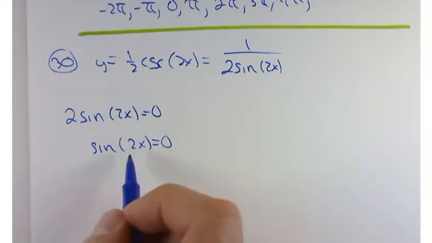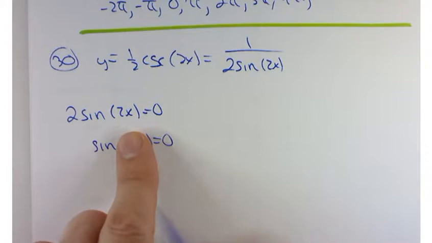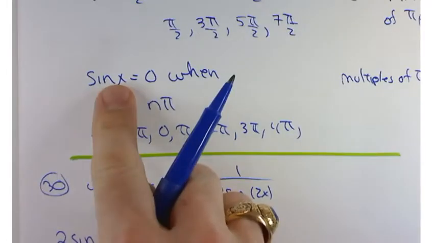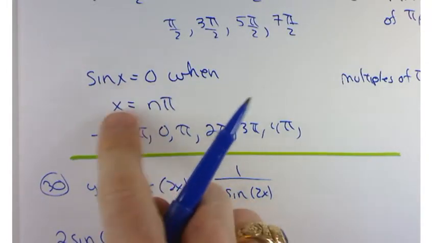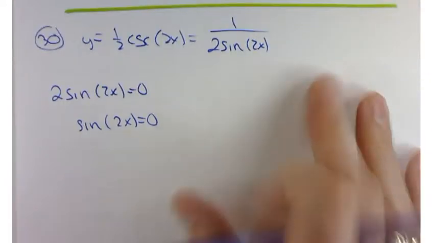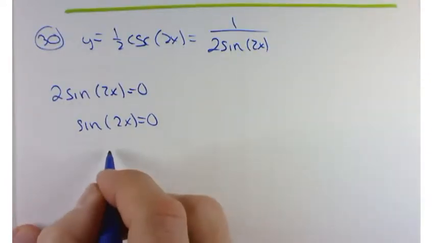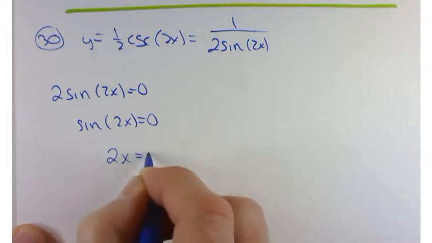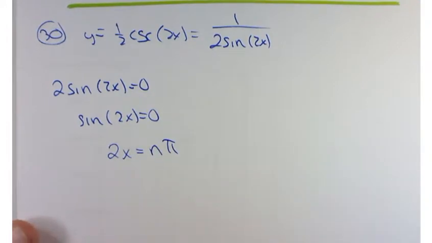But I do know in general where the sine of something equals 0. Sine of something equals 0 when that something is a multiple of pi. So that's telling me that 2x is a multiple of pi. That's where your sine function is going to be 0.